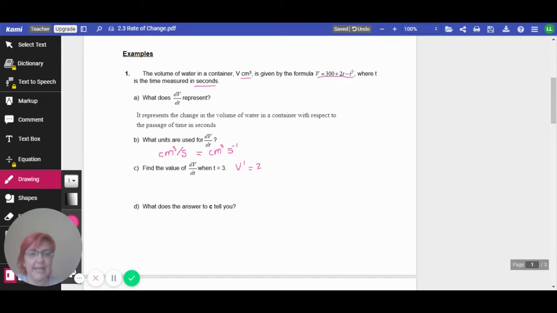Moving over here, my n is 2. My a is negative 1. 2 times negative 1 is negative 2. And then t to the n minus 1, 2 minus 1, is just t to the 1, so I'm just going to write t. Now I'll evaluate that when t is 3. 2 minus 2 times 3.